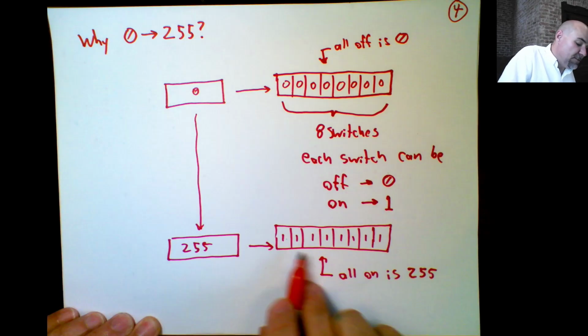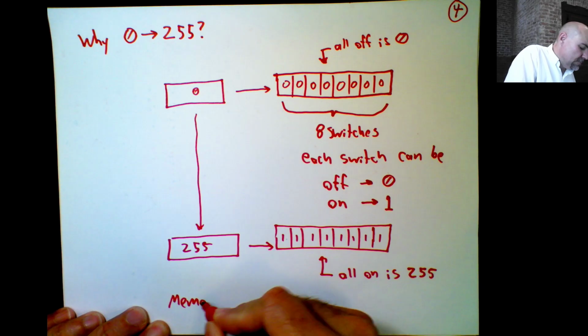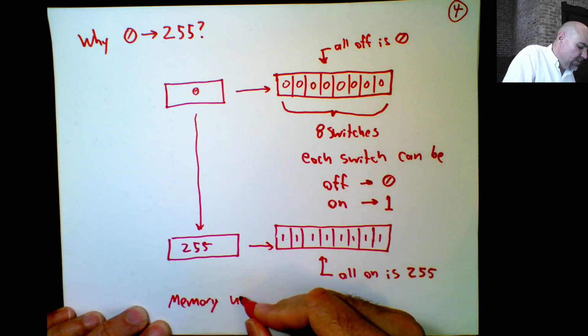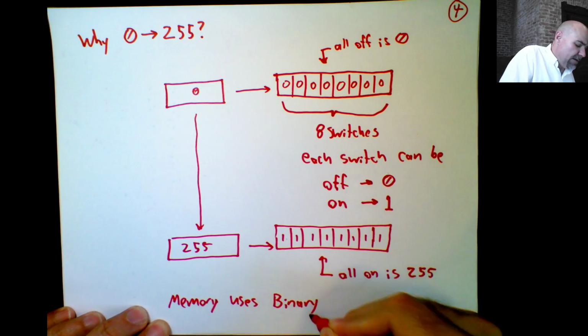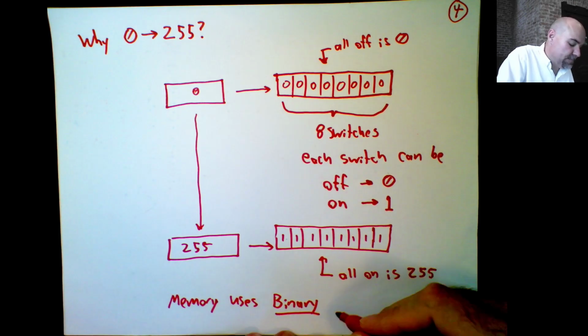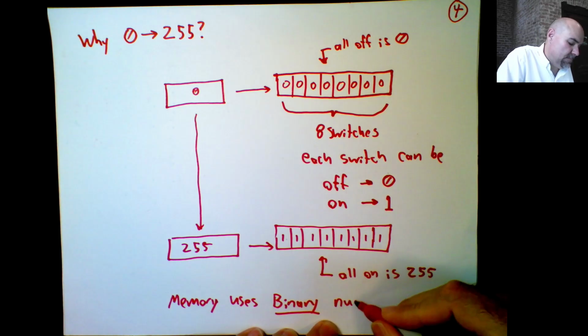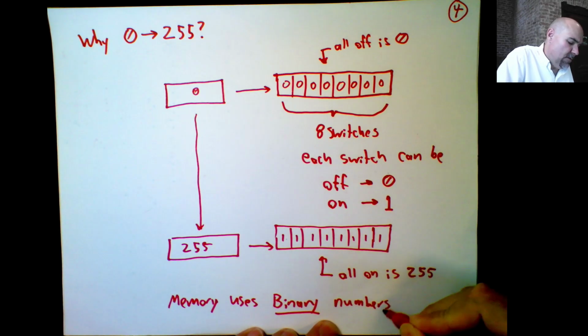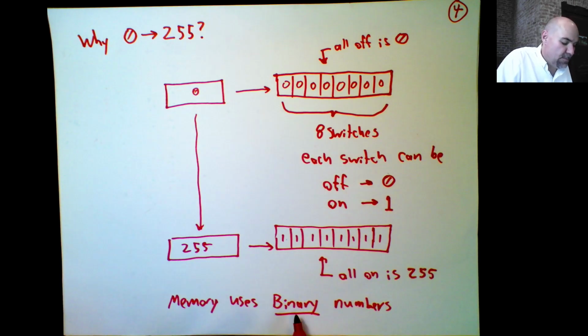So in other words, each of the memory cells uses binary instead of decimal. And notice binary, nary is numbers, and bi is 2, so 2 numbers, 0 and 1. That's why they're called binary numbers.